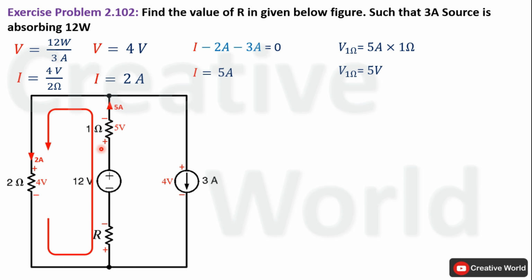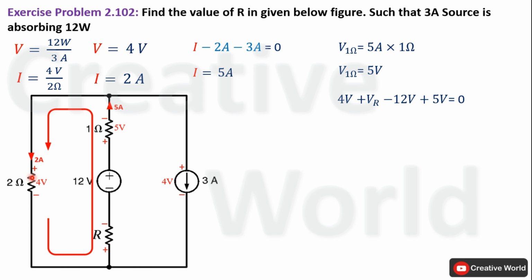Now we will apply Kirchhoff's voltage law inside this closed loop to calculate the voltage across this R ohm resistance. For that purpose, we are assuming the direction of current as counterclockwise, and according to this assumed direction of current, the polarity across this resistance R is marked. Write the KVL equation for this closed loop. Start from here.